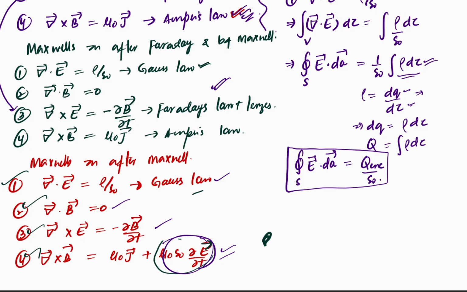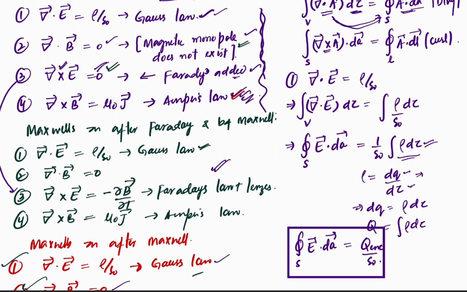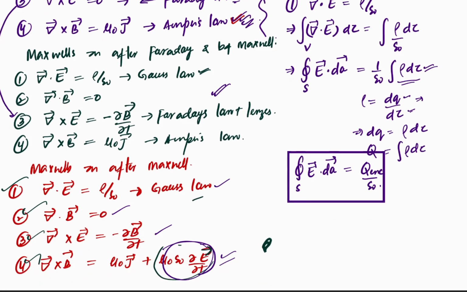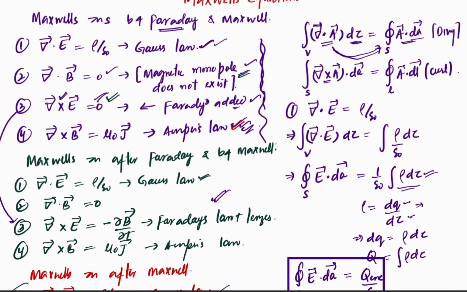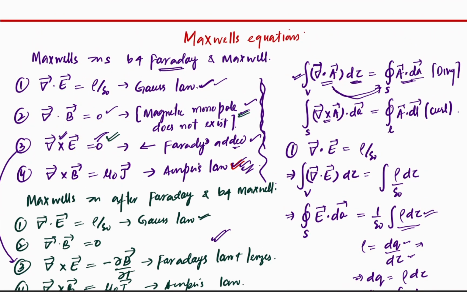Let me enclose it with brackets. Now similarly, we go to this equation, del dot of B equals 0. Let me write it here, del dot of B equals 0. Since we have del dot of B, we are again using the divergence theorem.